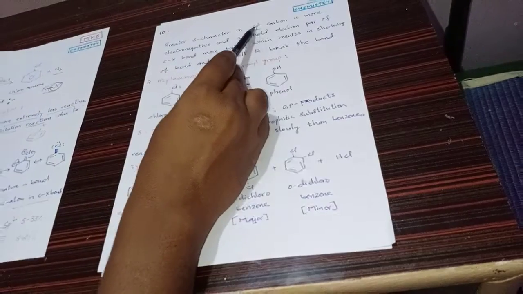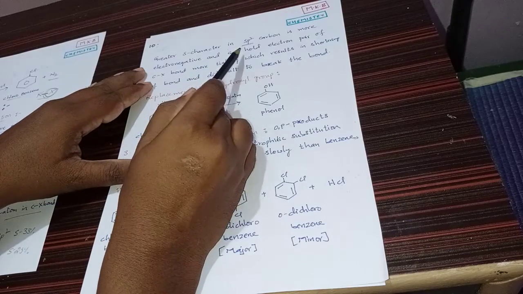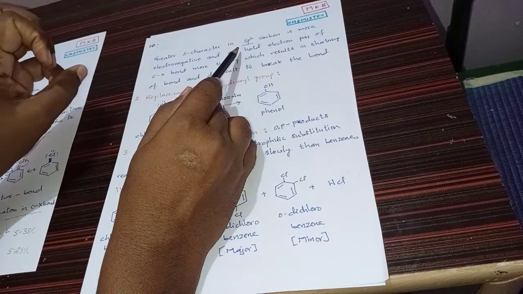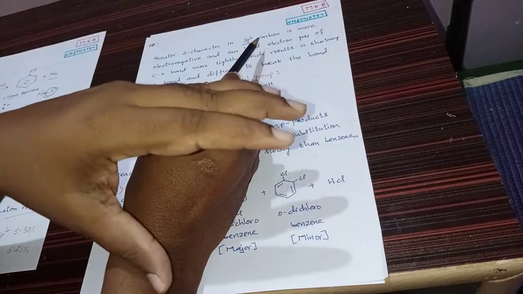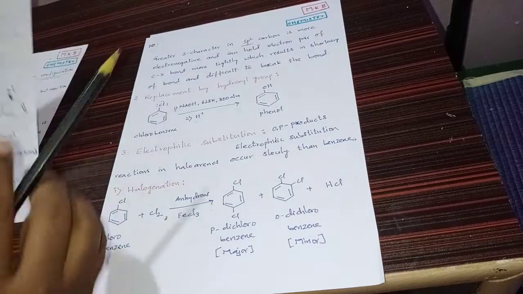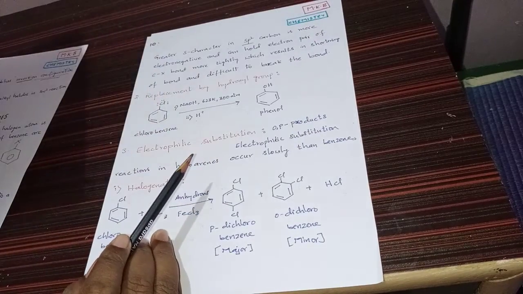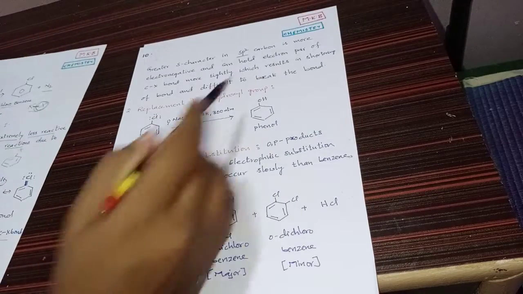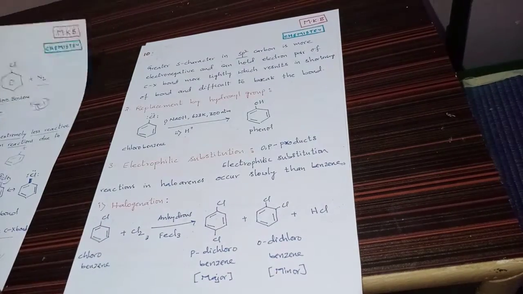So in sp2 hybridized carbon, 33% S character is there. If the S character is more, the electronegativity will be more, so that this particular sp2 hybridized carbon will have more electronegativity, and can hold the electron pair very tightly.